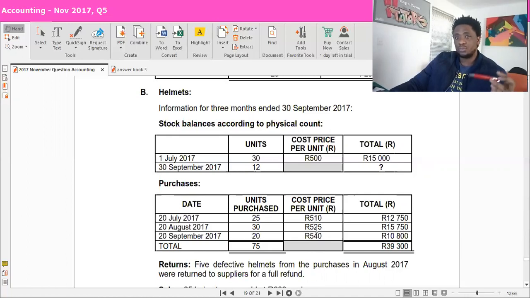So you don't want your weighted average cost to be too far from your actual cost prices. And because these prices steadily increase, you can find yourself in a situation where that weighted average cost price becomes too far.